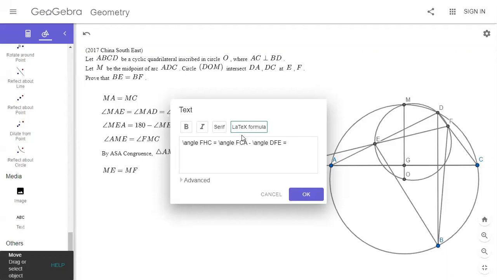So angle FCA minus angle DFE, and that's angle DCA minus angle DFE.